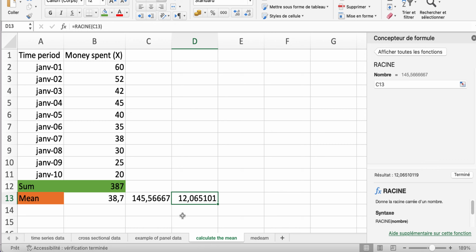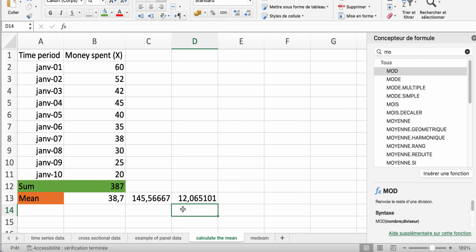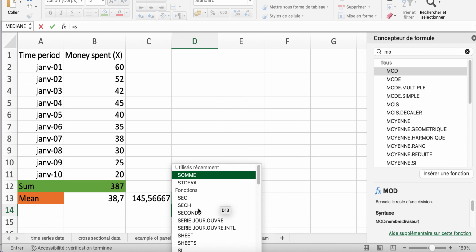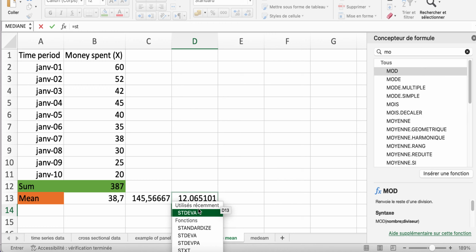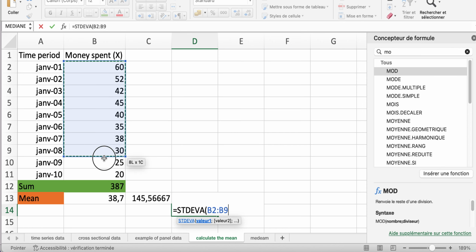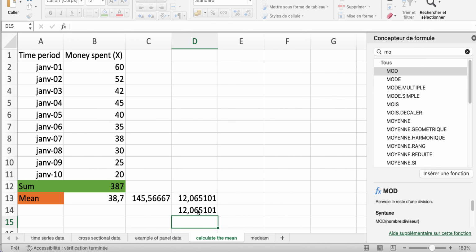Okay, another method to calculate the standard deviation is the standard deviation function. So we type equal, then we type the name ST, here it is, standard deviation, then we select all the values of the data set, then we press OK.